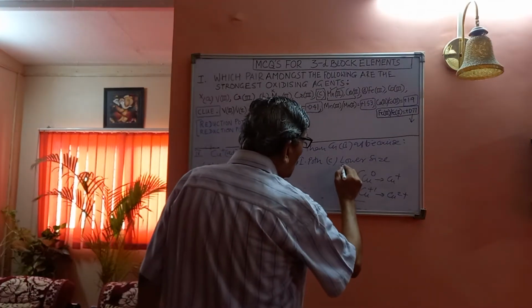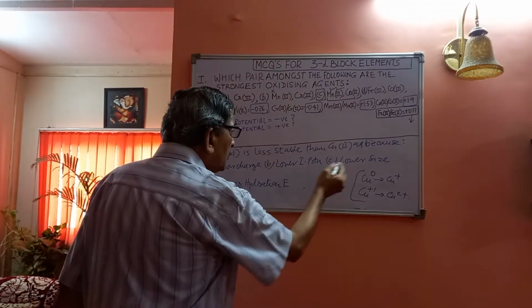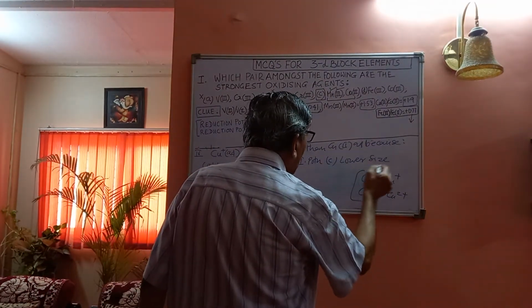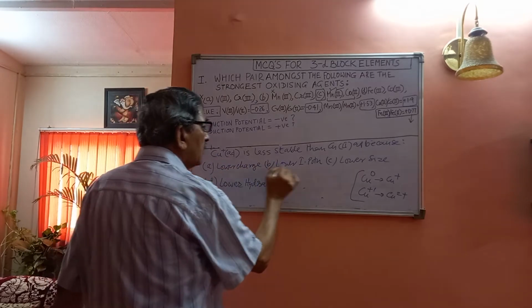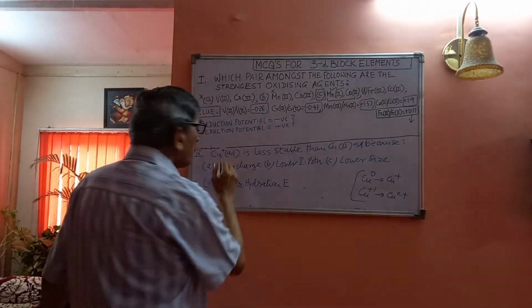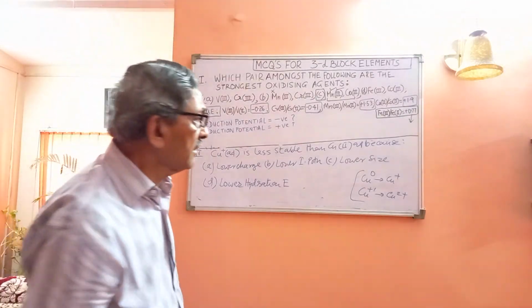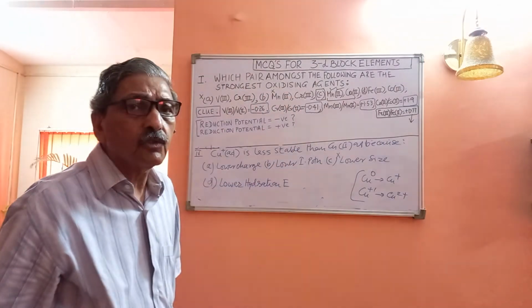Again, if we come to the C choice, lower size, yes, it has but this choice is incorrect. This is correct as far as copper plus is concerned. This is also correct as far as copper plus is concerned, but this is incorrect. Copper plus will have a larger size, so automatically this choice is obviously a wrong choice.